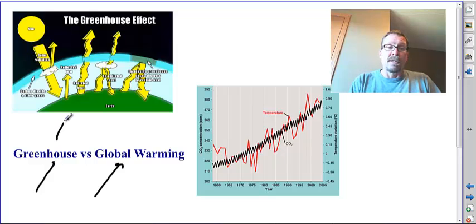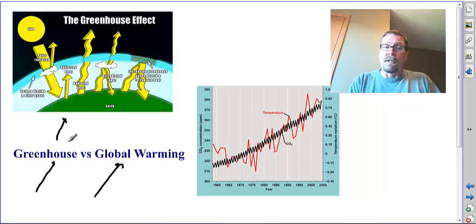The greenhouse effect is simply that in our atmosphere, with carbon dioxide and the other greenhouse gases, the nitrogen oxides and water vapor, as the solar radiation from the sun heats the earth, if we didn't have these greenhouse gases, it would all radiate out of our atmosphere, and on average our temperature would remain unlivable for organisms. What these gases do is reflect the heat back and keep us at a stable temperature.